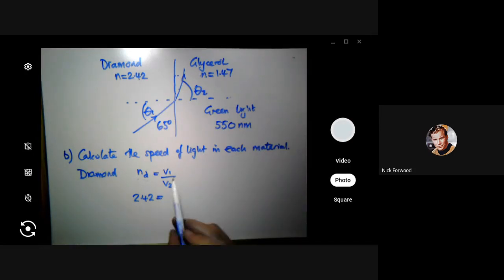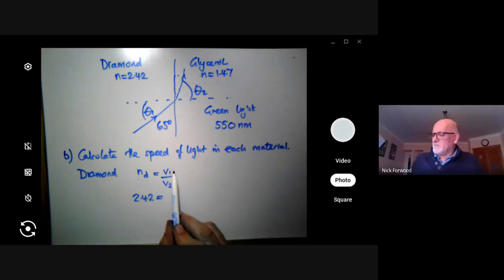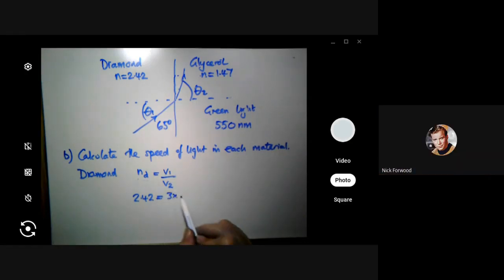So we must compare the velocity in air with the velocity in diamond, and then we can rewrite that. v2 is 3 times 10 to the power of 8 over 2.42, and that comes out to be 1.24 times 10 to the power of 8.